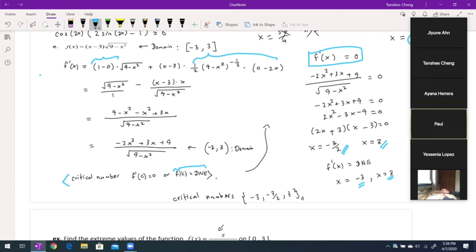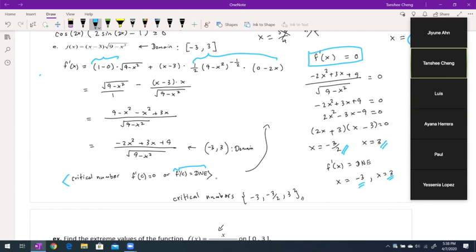Questions? Difficulties? Can you explain one more time why the negative 3 and 3 would be considered critical numbers? Negative 3 and then 3? Yeah. Okay.